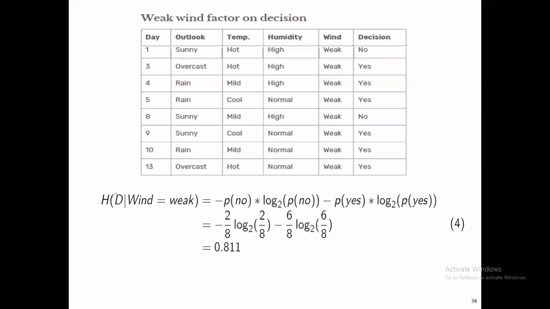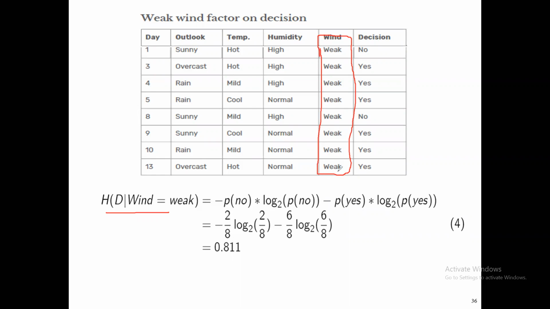Now let's first look at how we can find the entropy of decision given wind equals weak. In order to do that, we can visualize the training set for only examples where wind is equal to weak, and just find the entropy for it.